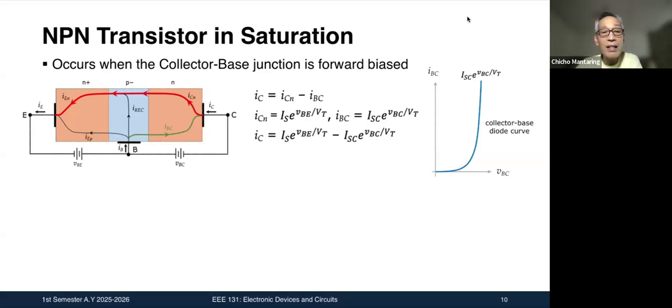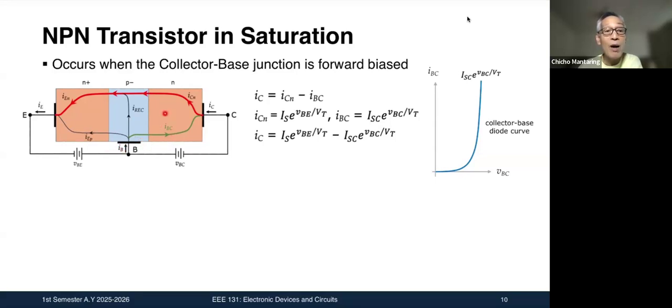What happens in saturation? In saturation, your collector-base junction is also forward biased. Remember, in active mode, the emitter-base junction is forward biased, but the collector-base junction is reverse biased.